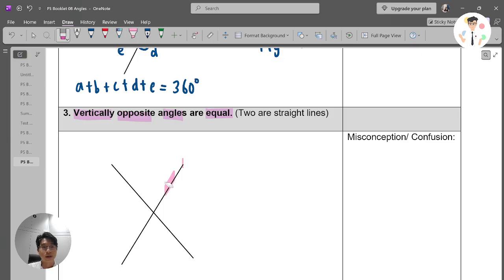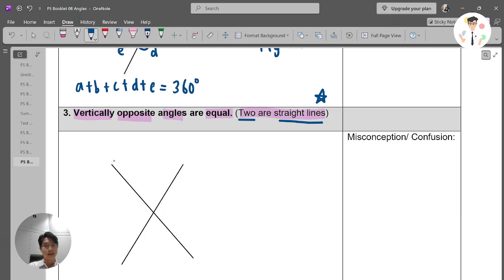So in total, I have 2 straight lines. Again, this word straight line is extremely important. Why? Because if these two are not straight lines, then this case does not happen, meaning the vertically opposite angles are not equal. So again, I repeat, you must have 2 straight lines in order for this to happen.